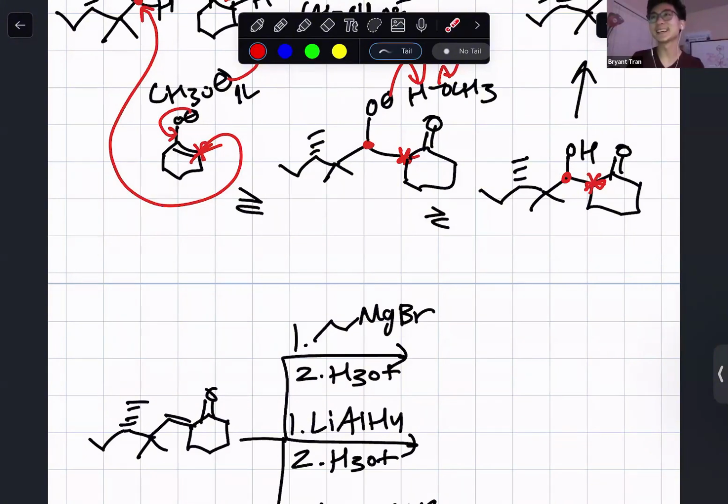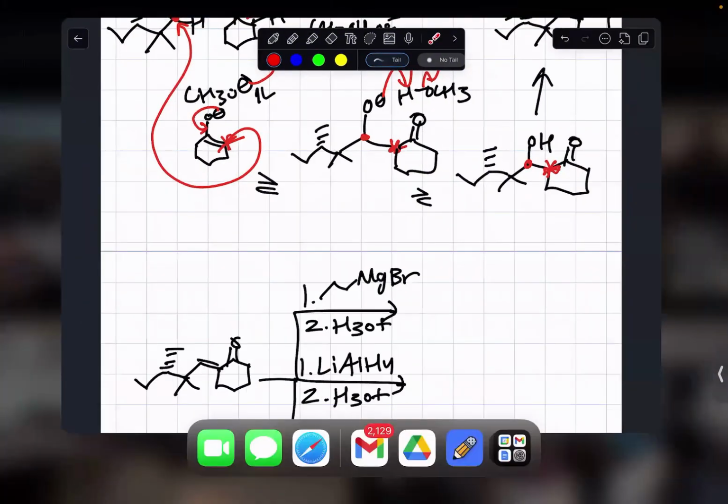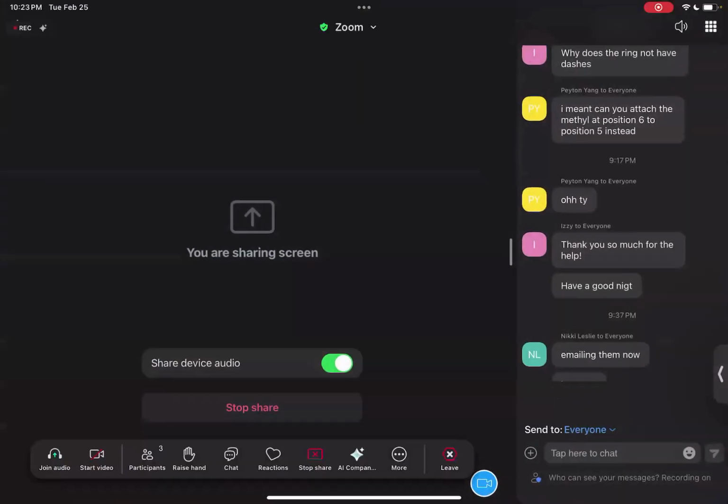Oh my god, that's so good. Yeah, I'm really happy. And you just have questions about the small conceptual details, like the ones you've been showing me, so our sessions are gonna run very smoothly and quickly. Yeah, I know for the most part mechanisms. Sometimes I forget a little because there's so many of them, but overall, I think I have a good grasp of what's going on. Yeah, that's good.